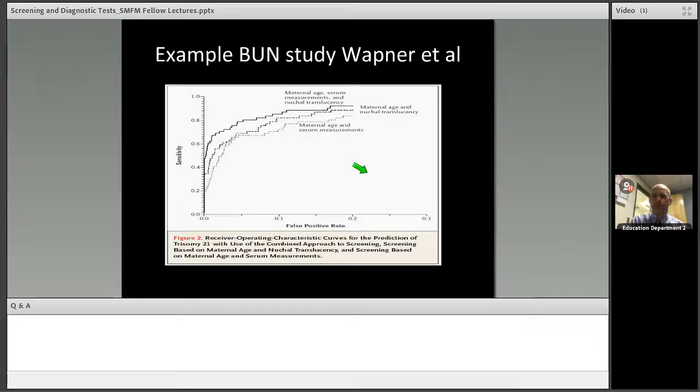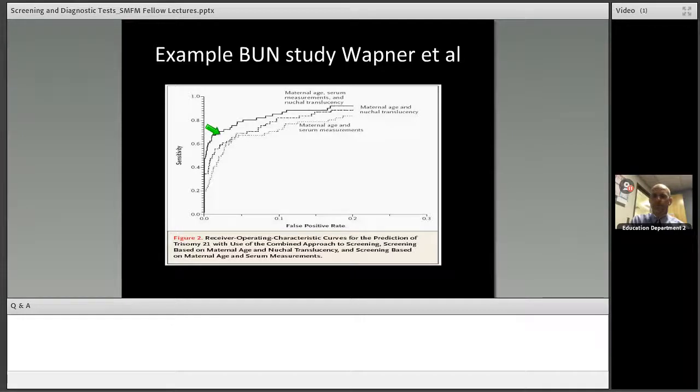So this was before the FASTER trial, essentially looking at three criteria: just using maternal age and serum measurement in the first trimester, which is this lower curve here, versus using maternal age and nuchal translucency alone. And then this third curve here is where you use maternal age, nuchal translucency, and maternal serum, so all three combined.